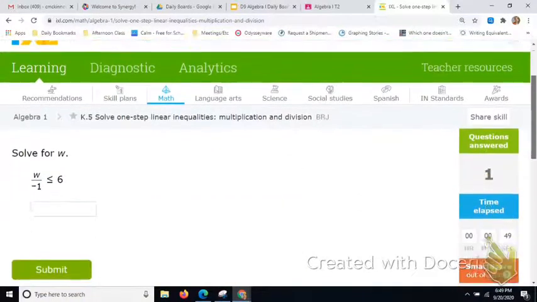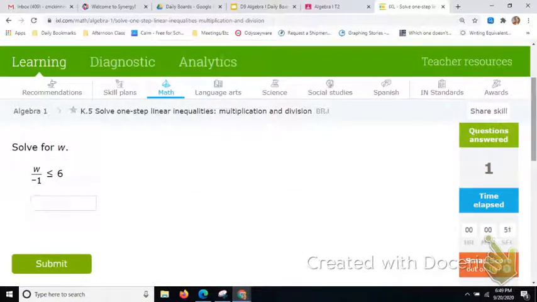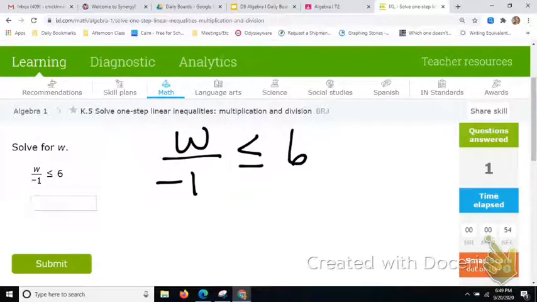So now I see one with a negative. So if this is my inequality and I want to get that variable by itself, I need to multiply by -1.